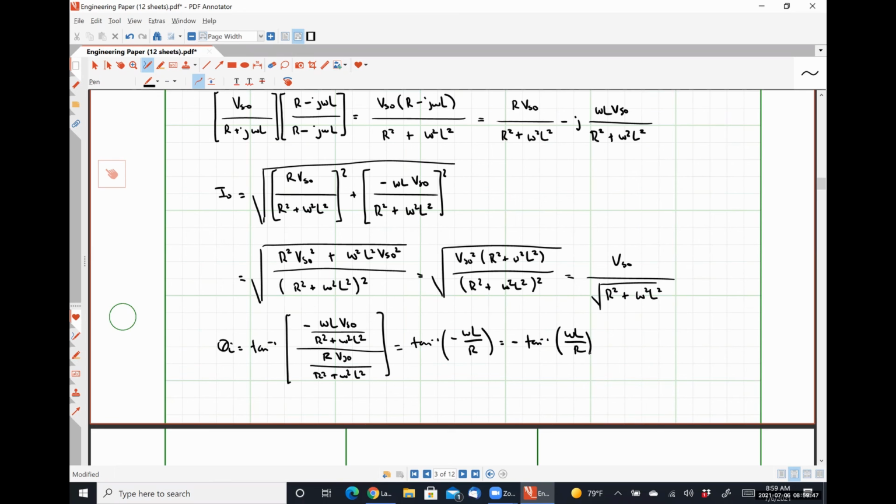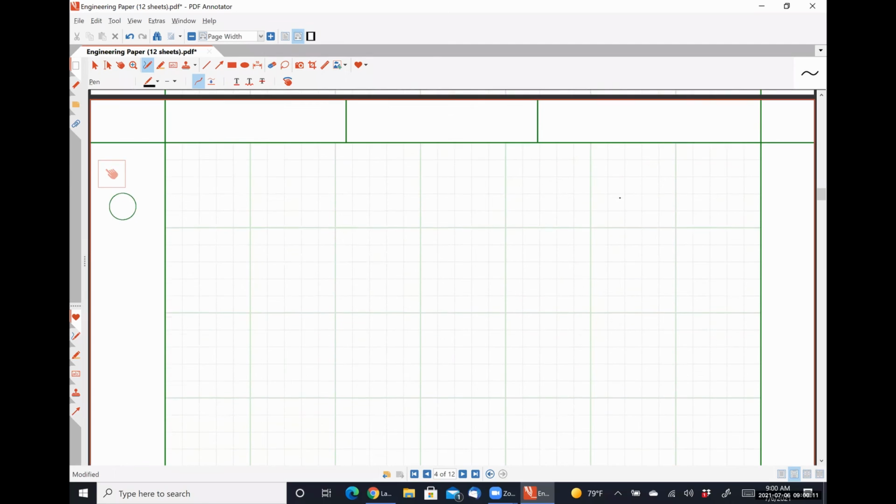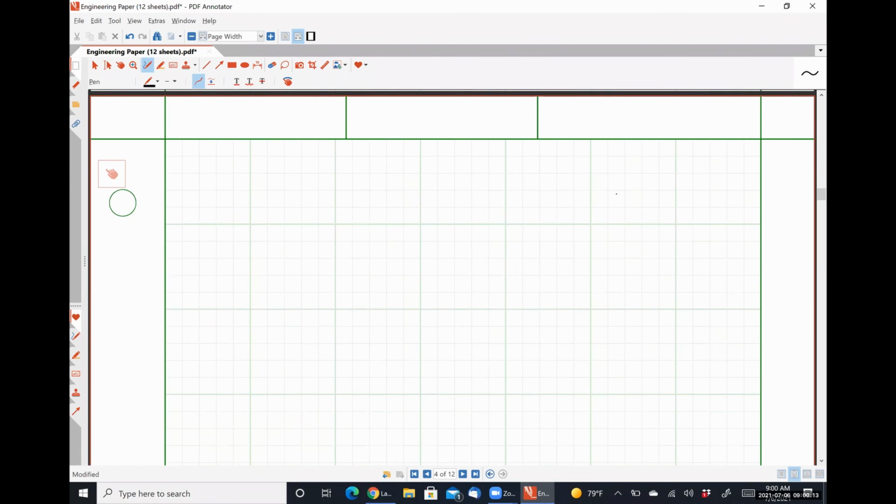All right, so it was less math, but it was still too much math. So now we are going to start by introducing the electrical engineer's shorthand notation for these signals: phasors.